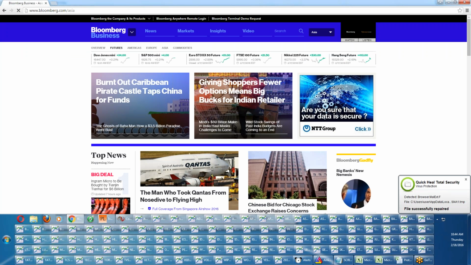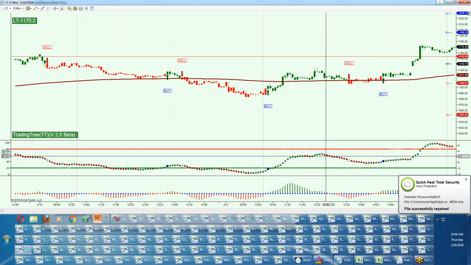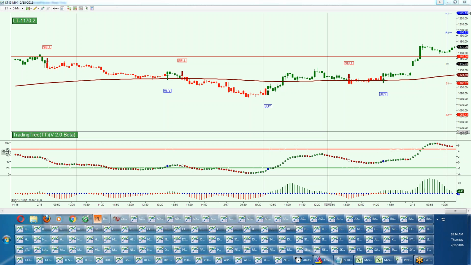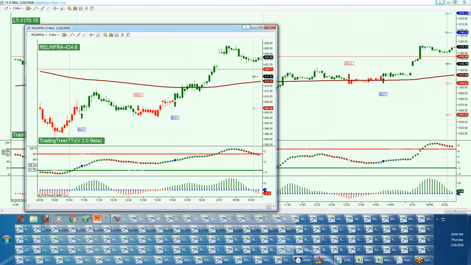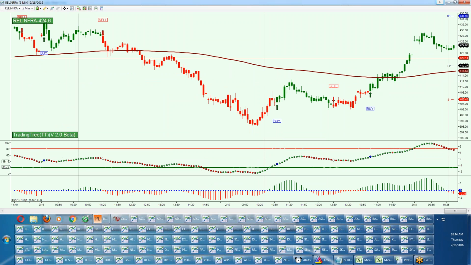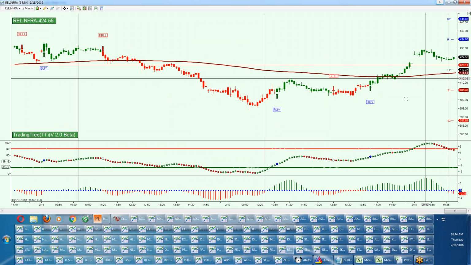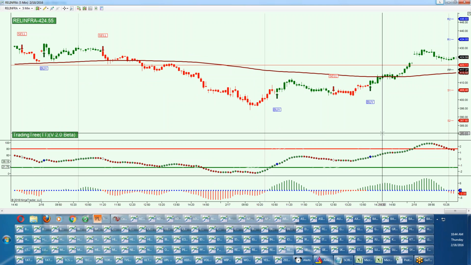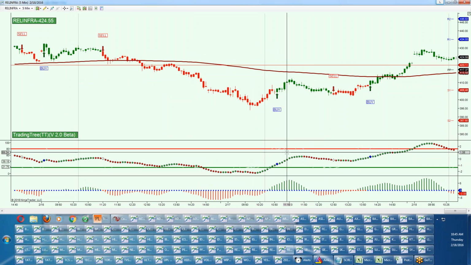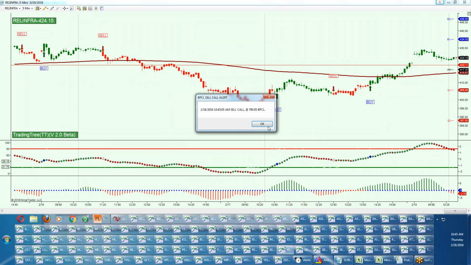You can see that FTSE futures is in green, and Dow Jones also is in green. BPCL, we have a sell.